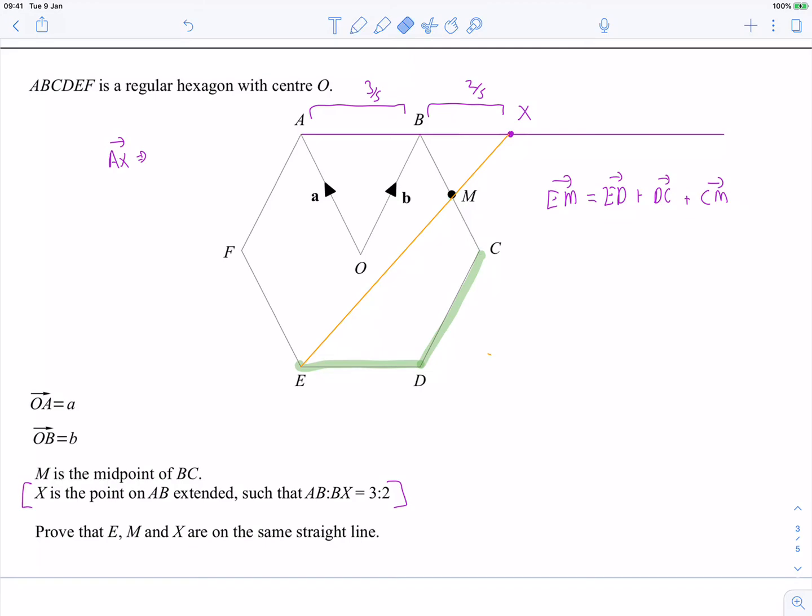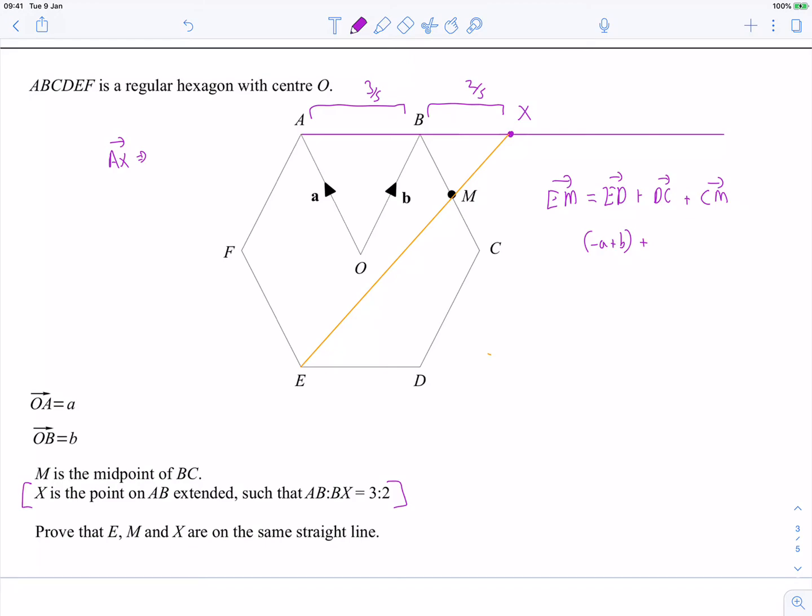Well, E to D there is the same as A to B because they're parallel, and A to B is the same as down, up, like that, because it's the start-finish point. So I need a minus A plus B. So E to D is just minus A plus B.